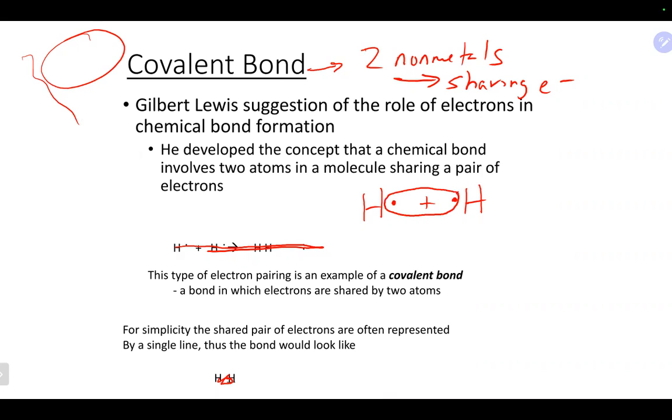So we're going to share these electrons. The result of that is we get a covalent bond, where there is actually sharing of electrons happening. That's also why there are no charges here. There's been no transfer of electrons. These guys have no charges when we're dealing with this type of bonding.